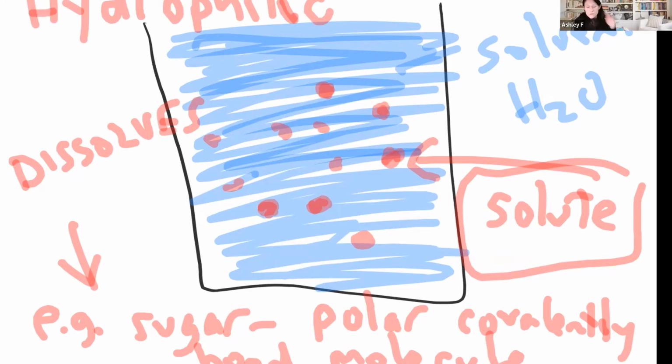Because it's polar, which means it has a charge, it's going to be attracted to those polar parts of the water molecule. Exactly. So the water is going to want to attract to this polar molecule, and the polar molecule wants to attract to the water.